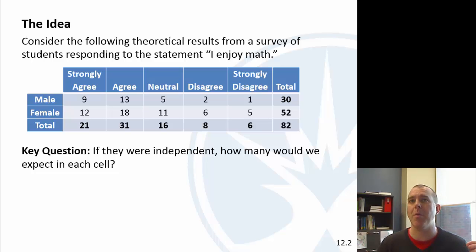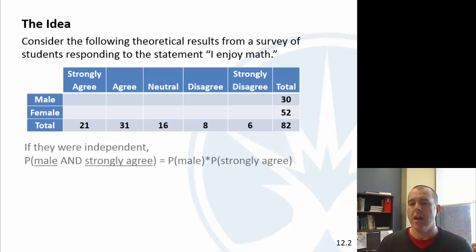Well, let's think about what we know about independence. If they're independent, the probability of male and strongly agree, which is up here, would be the product of the two probabilities, probability of male times the probability of strongly agree. Well, we have some numbers here. We know the total that strongly agree, and we know the total that are male.